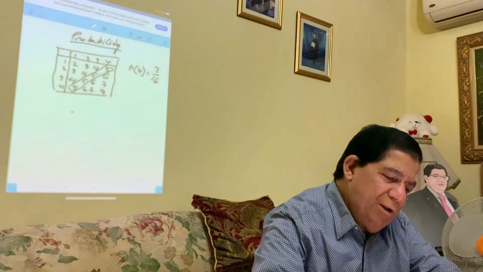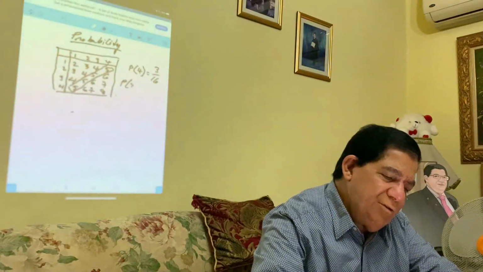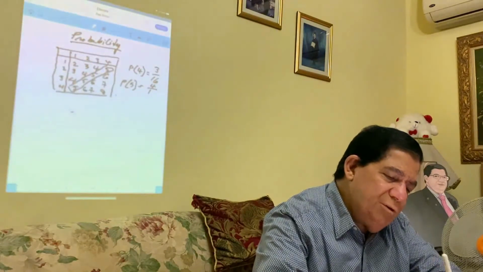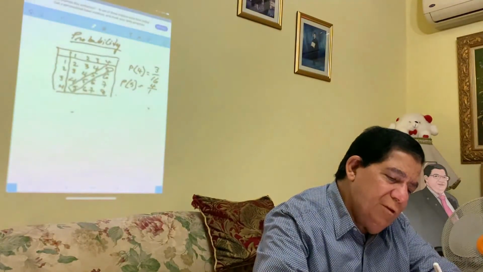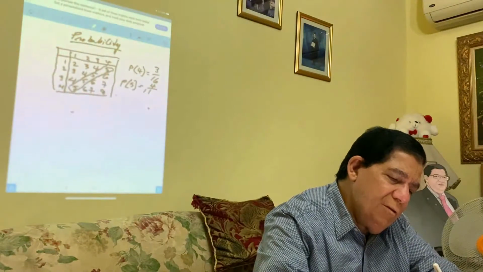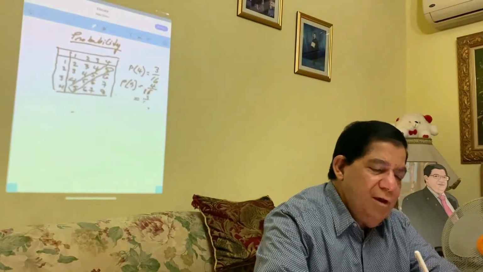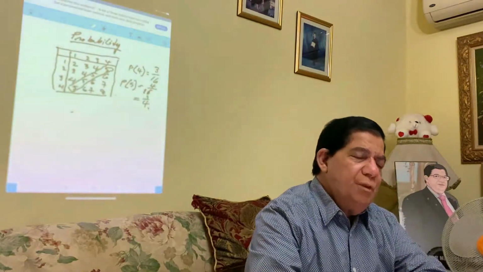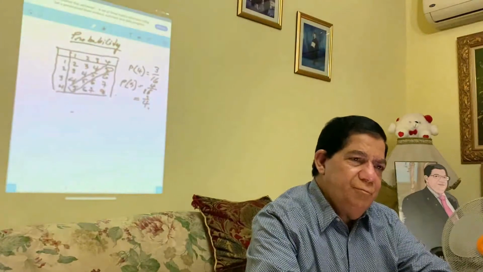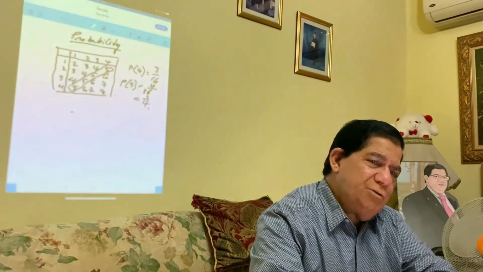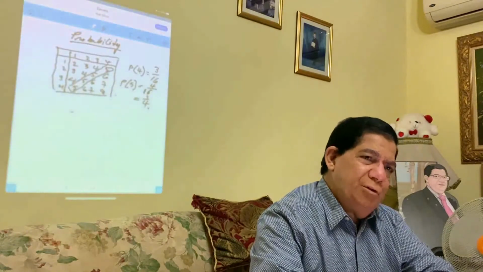What is the probability of 5? Then you say 4 over 16, which is 1 over 4. In some problems, we may need to show the sample space, and then we choose from it.